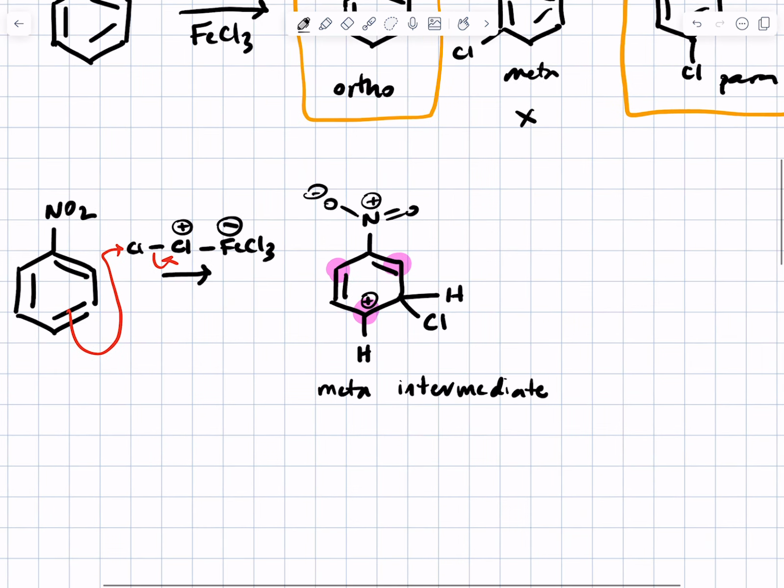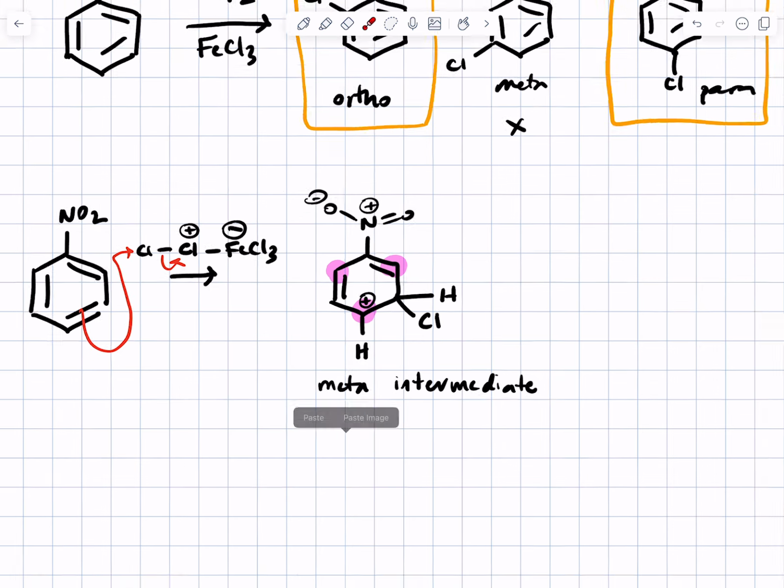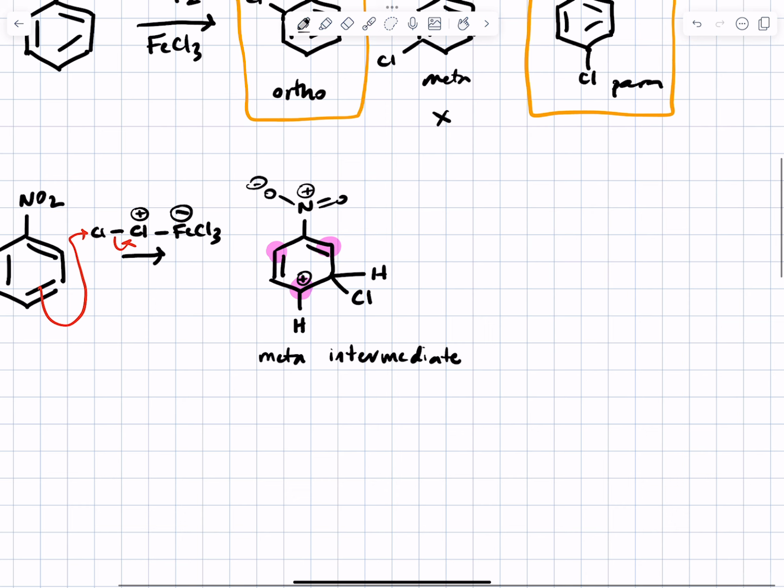I'm not drawing those other resonance structures, but I want you to note that that positive charge could be delocalized by resonance on all of the pink places. You just move the double bond over, right? Now I want us to consider how the stability of that intermediate compares to the intermediate where, say, chloro would be on the ortho carbon.